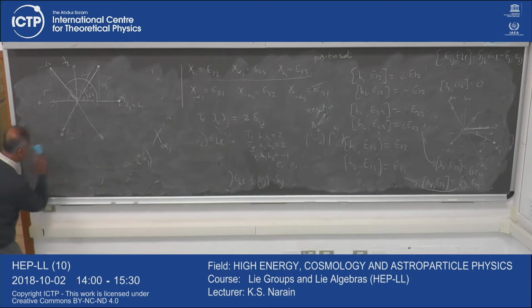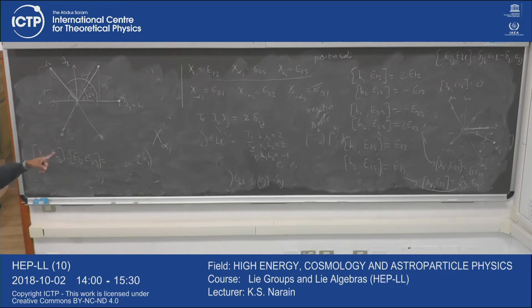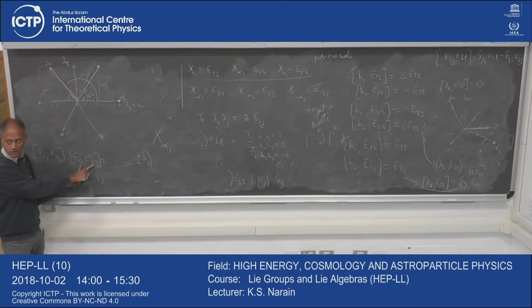So let's look at X_alpha1 with X_alpha2. This is the same as the commutator of E12 and E23. If I use that formula, the Kronecker delta of this is not 0, but the Kronecker delta of that is 0.